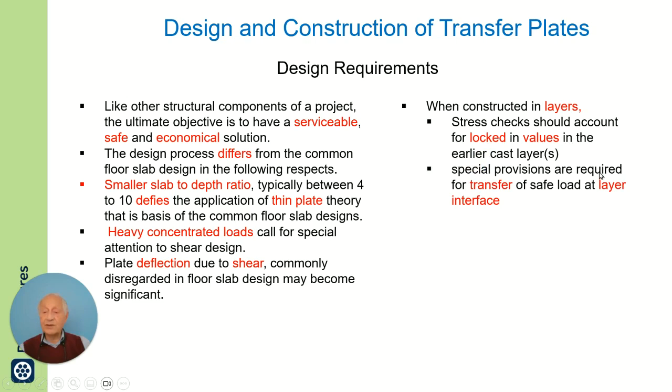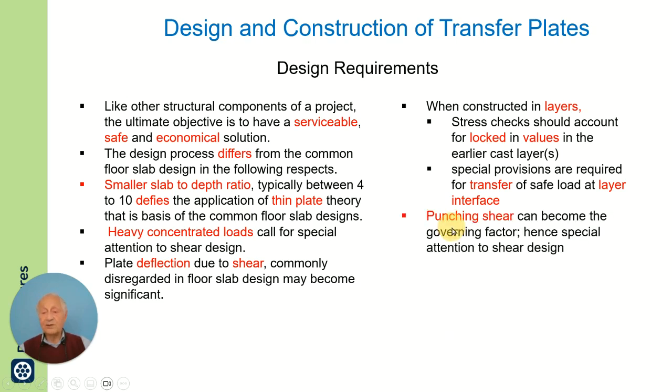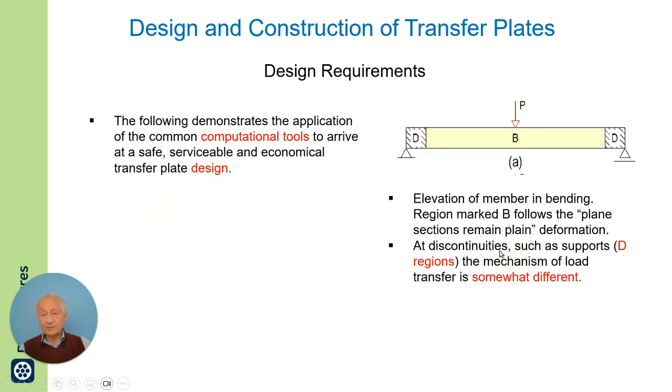Special provisions are required for transfer of shear load from the layer above to the layer below at the layer interface. At the interface, you have to check the transfer of force so that the 2 or 3 layers will act together once complete to resist the load. Punching shear can become the governing factor, hence special attention to shear design becomes important too.